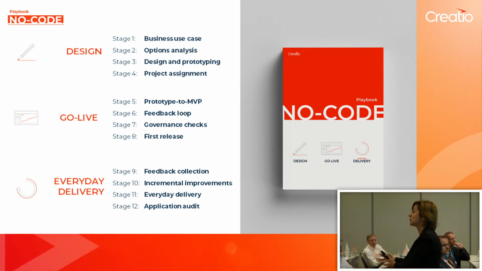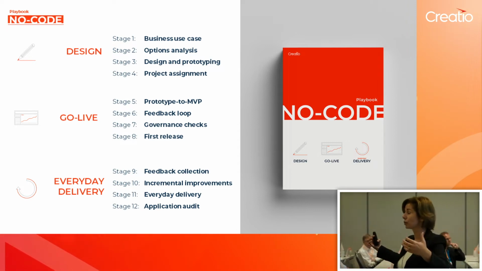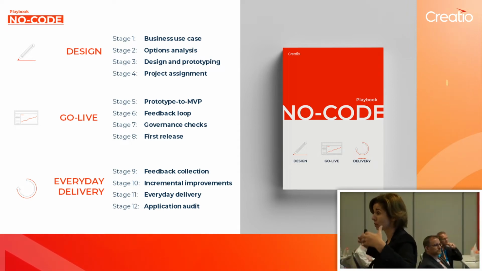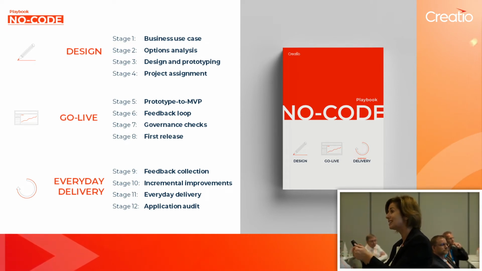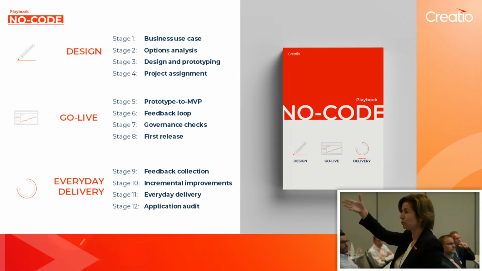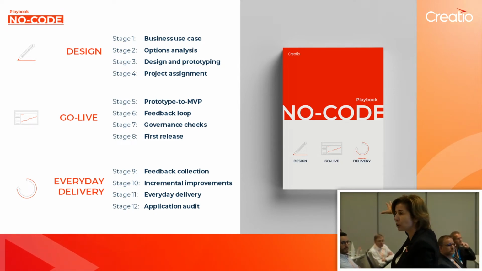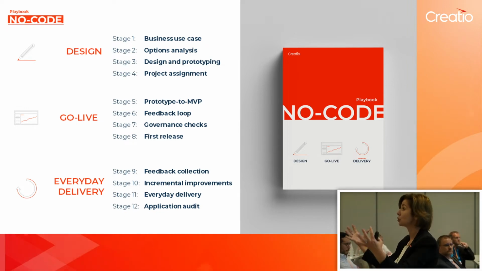Can it be the representative of the IT function? Absolutely yes, and we have many IT leaders who are evangelists and huge fans and understand the value of no-code. But at the same time, as in the example of Bayshore, if you participated in the keynote, they created their own COE, Center of Excellence.